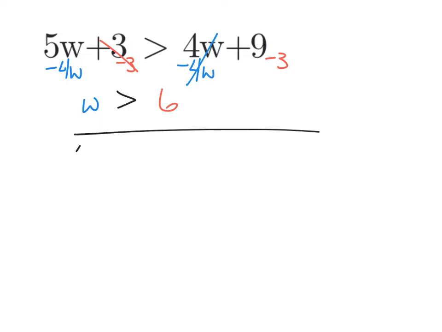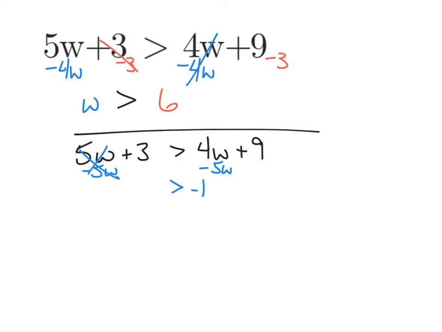Notice this. What if we started with the same problem, but instead of bringing the 4w to the left, what if I brought the 5w to the right? So what I mean is subtract 5w from both sides. I mean, this is math. No matter what way we do it, we should get the same answer. I'm just subtracting, so 4w minus 5w is negative 1w. I'd also take care of the constant terms by getting rid of that 9.